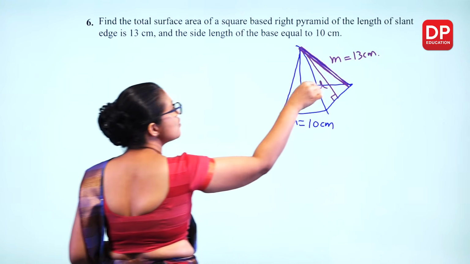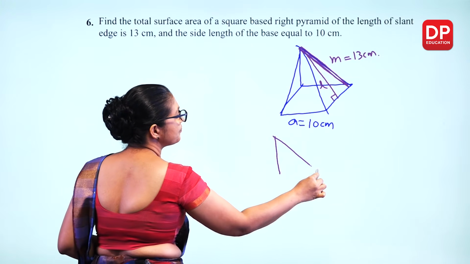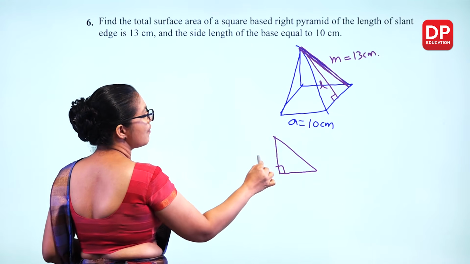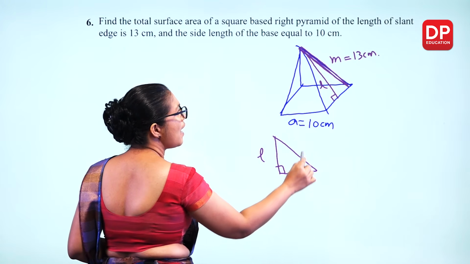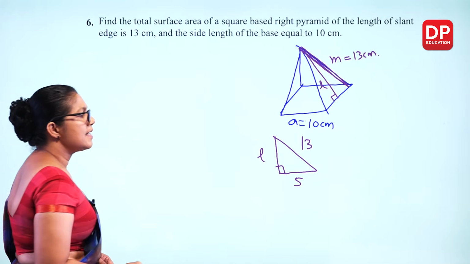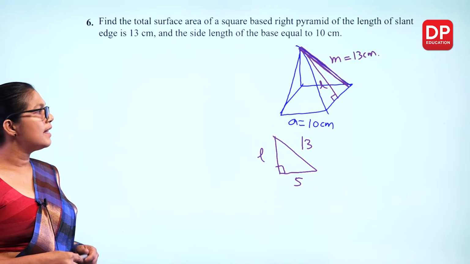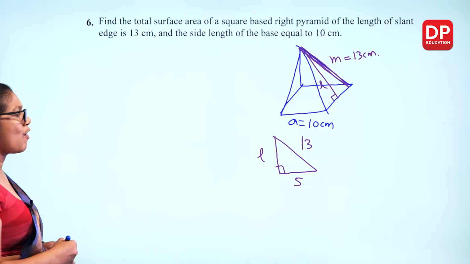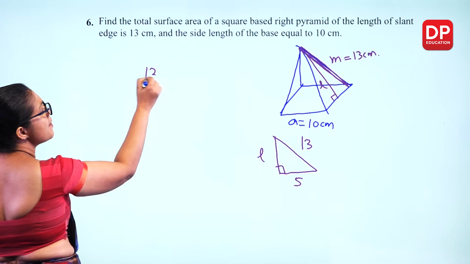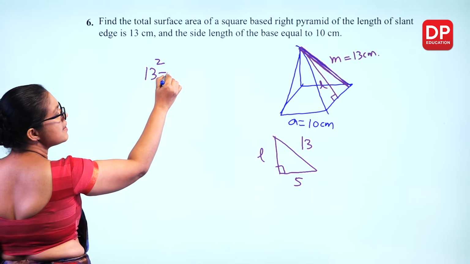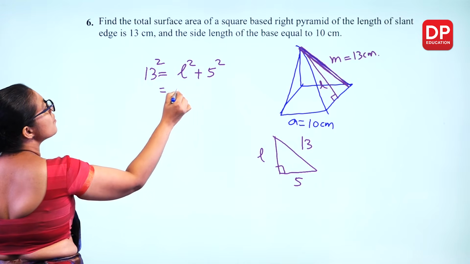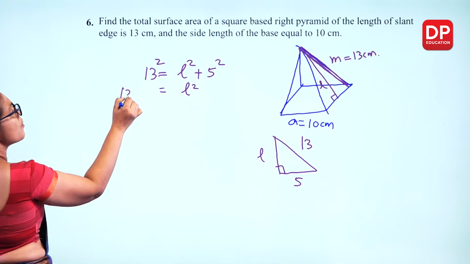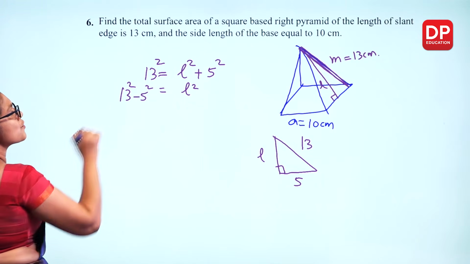Now again, when you take this triangle, we need to find L. This is half of A, that's 5. This is 13, given. So first find L and then you can use the formula. Use Pythagoras theorem. 13 squared is equal to L squared plus 5 squared. So L squared is 13 squared minus 5 squared.